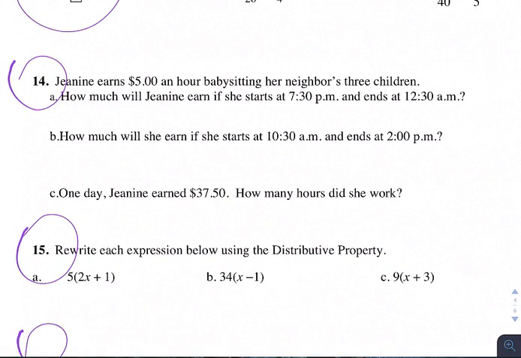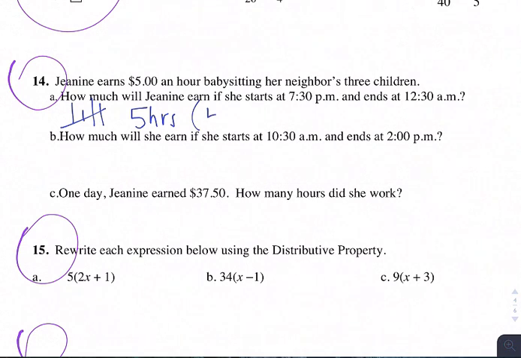Okay, let's look at number 14. It says, Janine earns $5 an hour babysitting her neighbor's 3 children. How much will Janine earn if she starts at 7:30 p.m. and ends at 12:30 a.m.? So I'm just going to figure out, first of all, how many hours that is. So 7:30 to 8:30 would be 1, to 9:30, 2, 10:30, 3 hours, 11:30, 4 hours, and then 12:30, that'd be 5 hours.